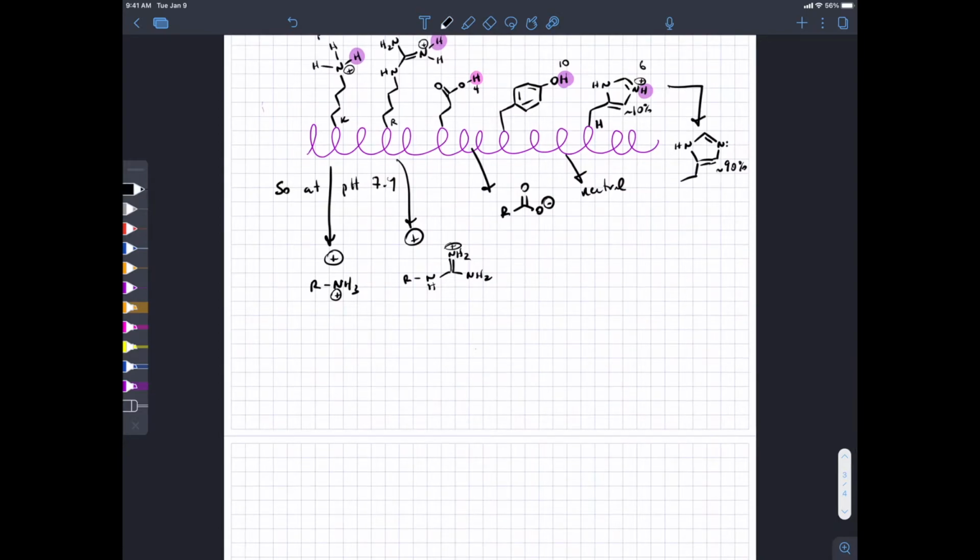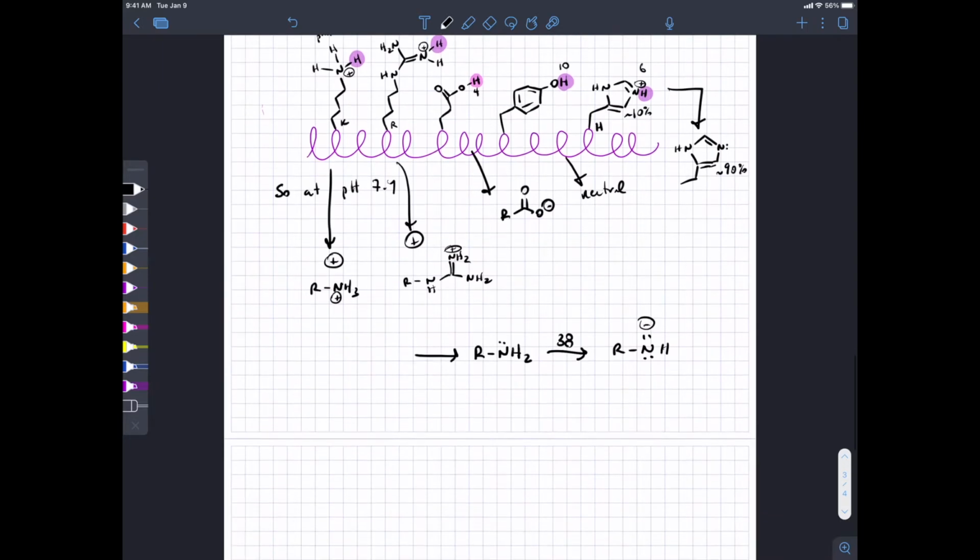Amino groups are a bit challenging because they have two relevant pKa's. Going from the neutral amine to the negatively charged amide has a pKa of 38. When I give these questions on a test, I will usually draw groups in their neutral form, whether that's the acid or the base form, and then you have to determine what the correct form is at physiological pH.